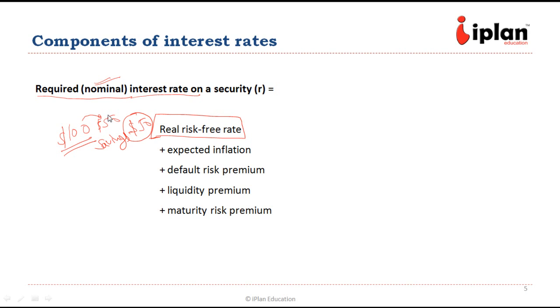So this person is not consuming whole $100, he's consuming only $50 and postponing the consumption of another $50 for the future. So for this postponement of consumption, he should be compensated, and that compensation will be real risk-free rate.